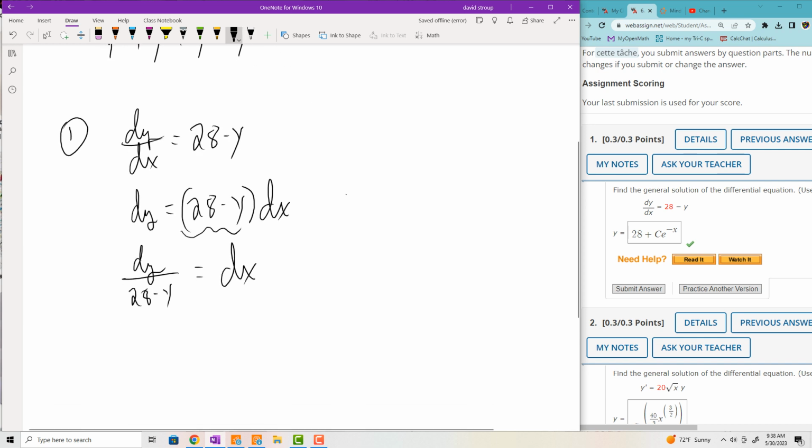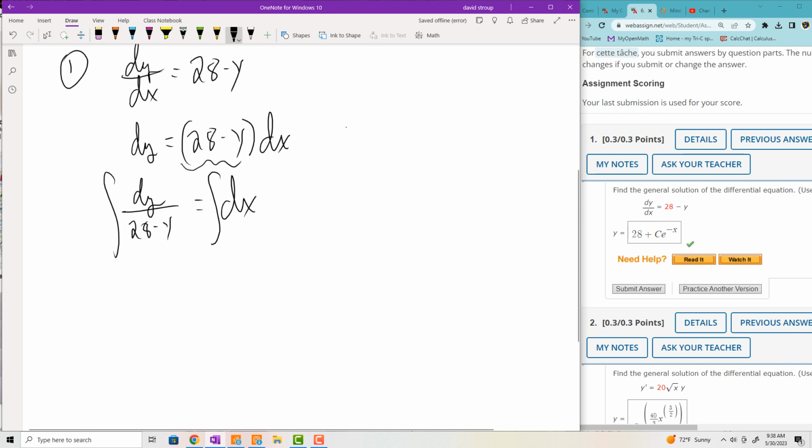Then to solve for the function y, what we need to do is integrate on both sides. Okay, so on the left side, we're integrating with respect to y. On the right side, we're integrating with respect to x. Just a note here on the left, because I put dy in the numerator, it's not really anything new. You can kind of move the dy around.